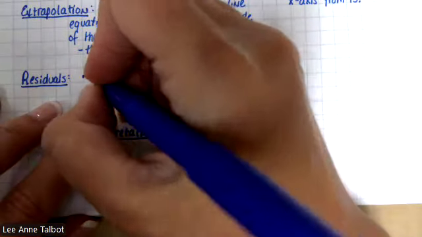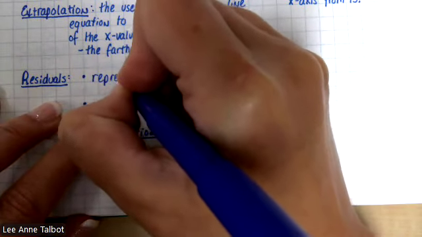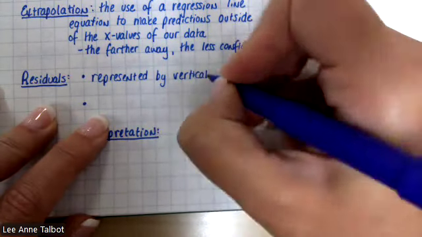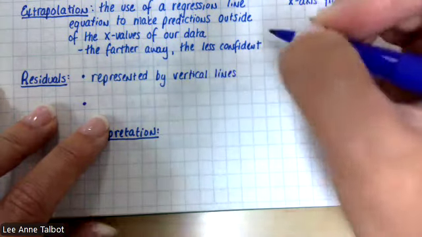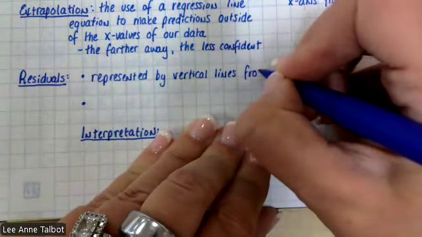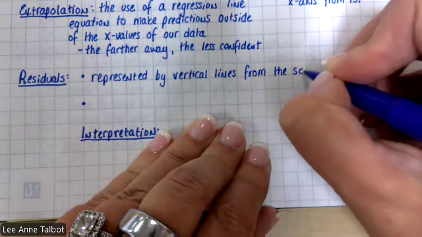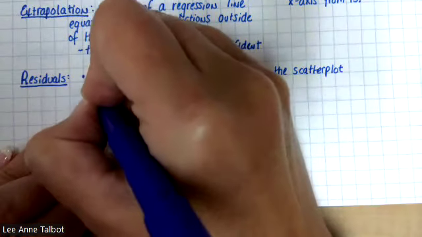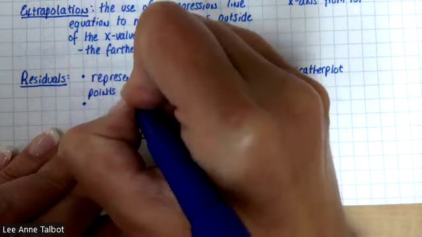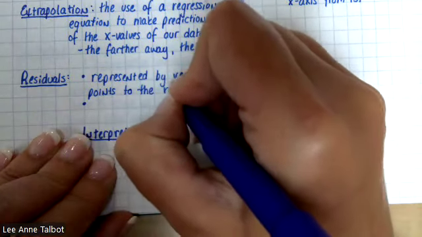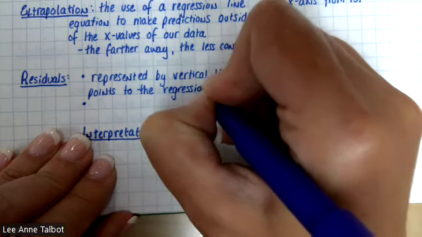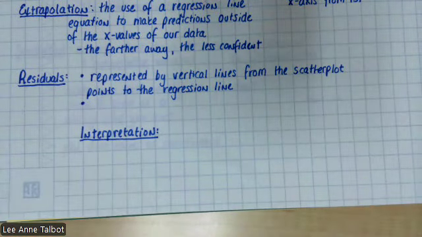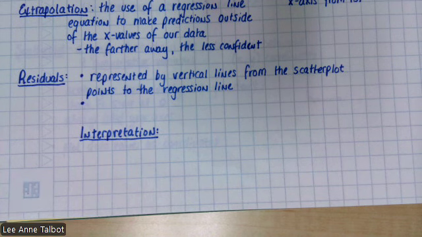So residuals are represented by vertical lines from the scatter plot points to the regression line.